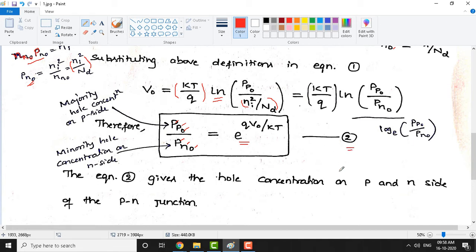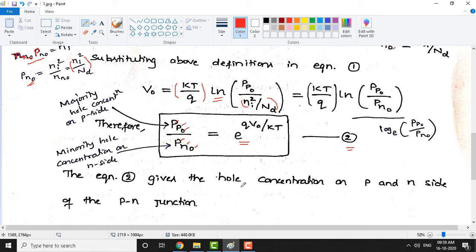You can also observe what this numerator and denominator term indicates. The numerator term indicates majority hole concentration on the P side, the denominator term shows minority hole concentration on the N side. The ratio of the majority hole concentration on P side to the minority hole concentration on the N side is equal to e to the power of q V naught by Kt.